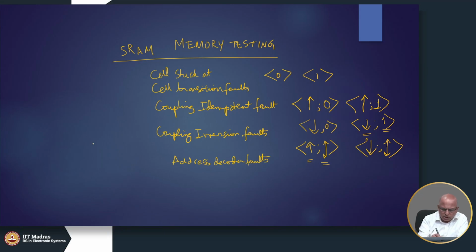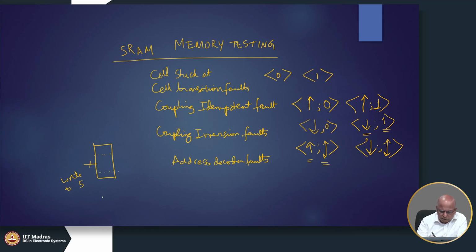So the problem could be I have a memory and there is an address decoder fault. So when I try to write to location 5, which was here, maybe I am writing to some other location, or maybe I am writing to both of them.